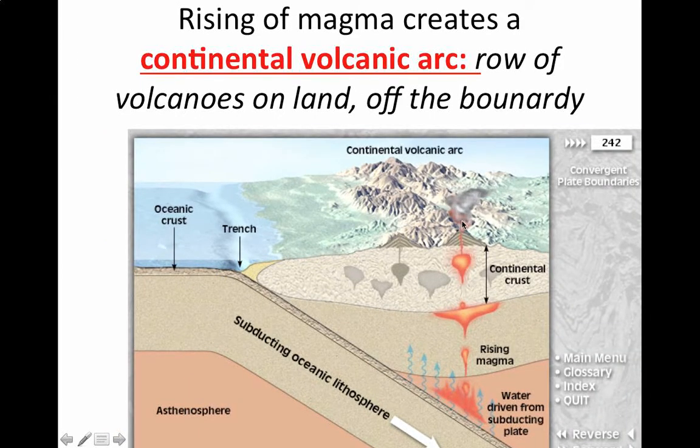We call this feature a continental volcanic arc, right? A chain of volcanoes happening on the land, hence its name, continental volcanic arc. And again, we notice their location off the boundary. They need to occur from the melting of the subducting plate, and that doesn't happen until it's further down inside of the Earth.